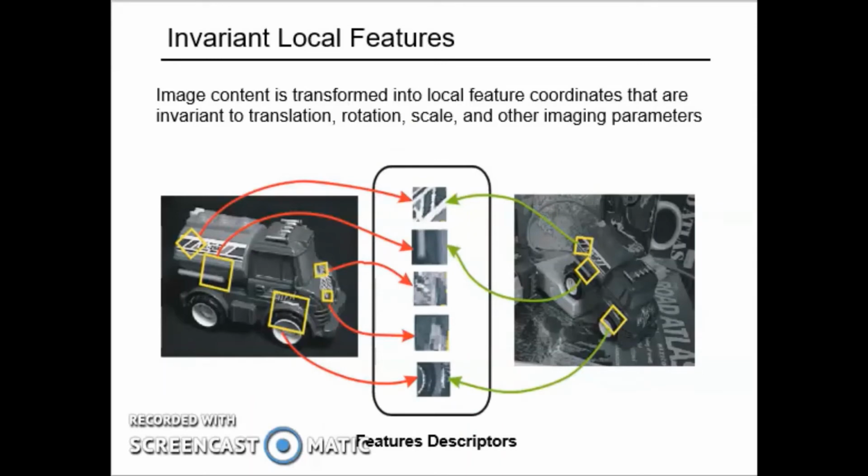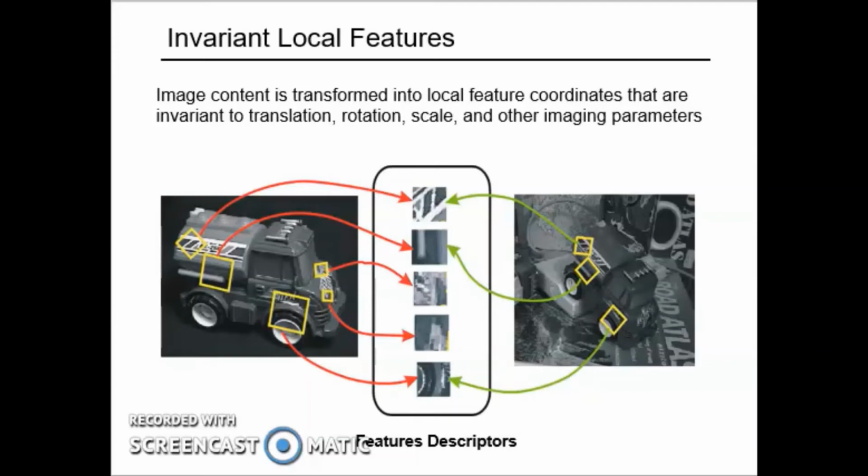And as far as the local features are concerned, one important requirement is that they should be invariant local features. The invariance is in terms of translation, rotation, and scale changes in different imaging parameters in the images. The need for invariant features actually arises from the fact that an image can be transformed.